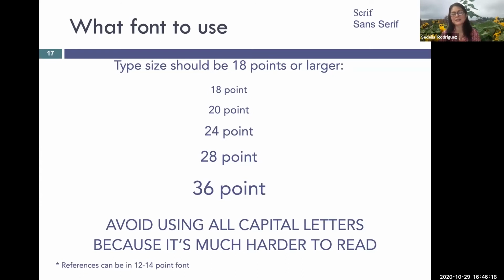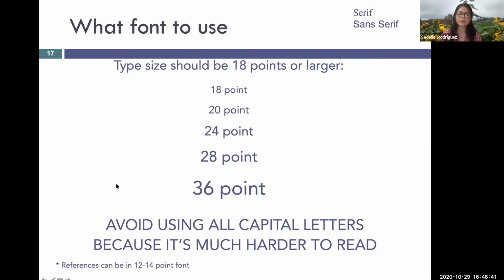So I didn't get rid of some of these slides because I wanted you to remember this for future presentations, and hopefully next semester you'll be giving presentations live and not on Zoom. So remember that you want everyone to be able to see your writing. So 18 points or larger. Avoid using capital letters because it's harder to read.